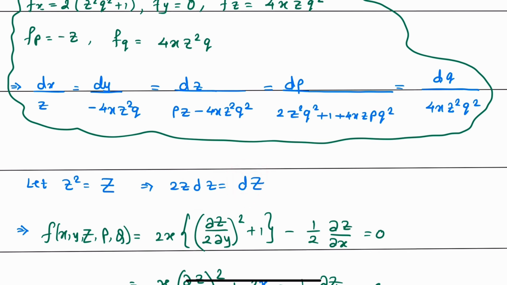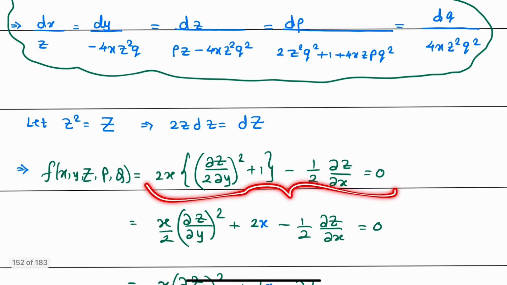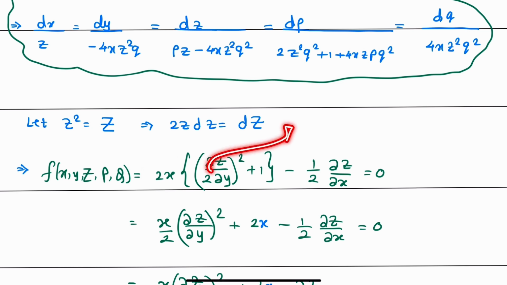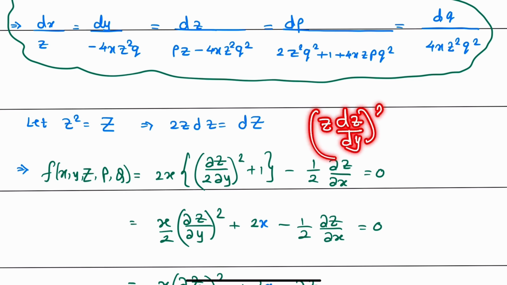Now substitute this back in the given equation, which was this particular thing. What shall we get? 2x into, here, this term was z into dz by dy whole square, right? And here we substituted z dz by this dZ by 2.